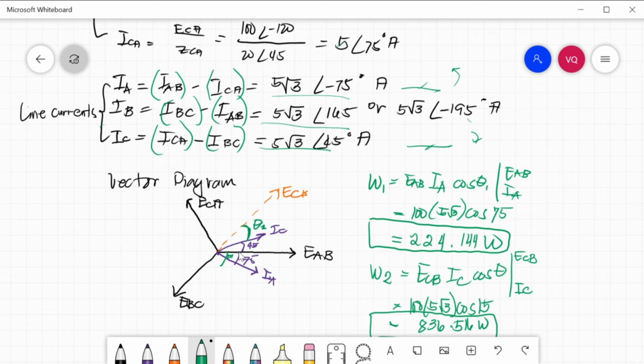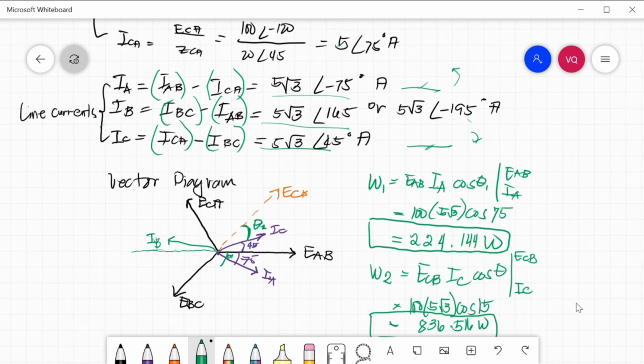And our line currents, here is our IA which is negative 75 angle, and IB negative 195. Since this is 180, and from the reference, as estimated, here is our IB. For IC, it has an angle of positive 45. So, approximately it is here.